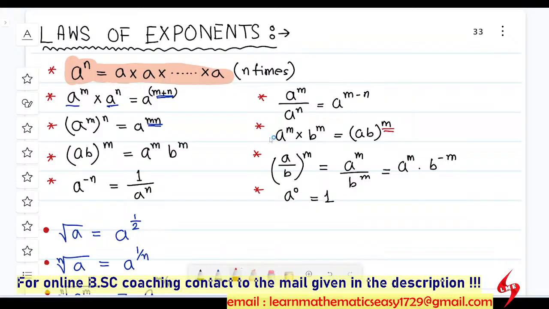And a by b whole to the power m means a to the power m by b to the power m. And a to the power m into 1 by b to the power m, here b to the power m is in the denominator, so if I write it as numerator, then the power will be negative, so b to the power minus m.